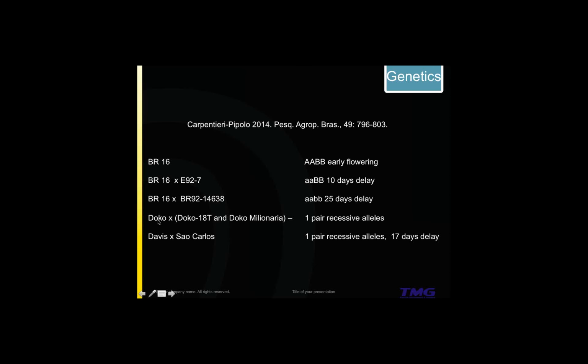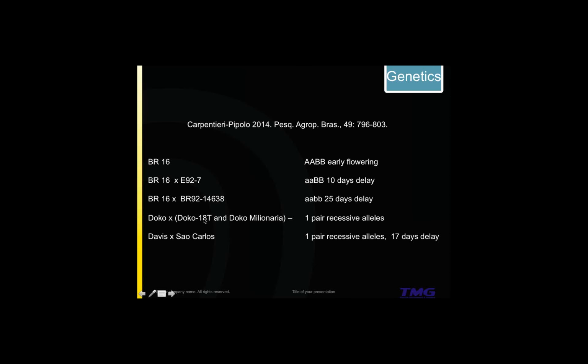Also, they have shown that DOCO, which is a conventional line that was adapted for central Brazil, may be a source of long juvenile genes for you guys in Africa, as it is a conventional material.